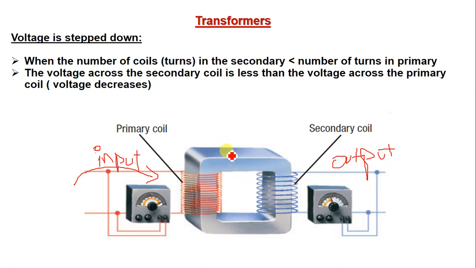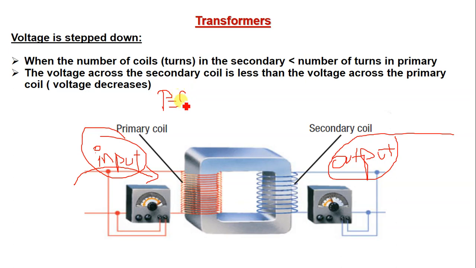But if I talk about perfect, ideal transformers, which are not real, and disregard any loss of energy, I can say that the input energy is equal to the output energy. And we know from grade 7 that power is energy per time.